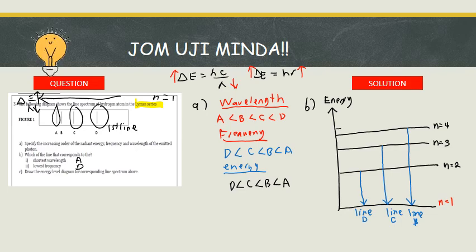Ini correspond kepada line B. So last sekali, gapping lagi kecil. N sama dengan 5. Turun kepada n sama dengan 1. Ini correspond kepada line A. Okay, so there you go, you punya energy level diagram for the line spectrum figure 1.